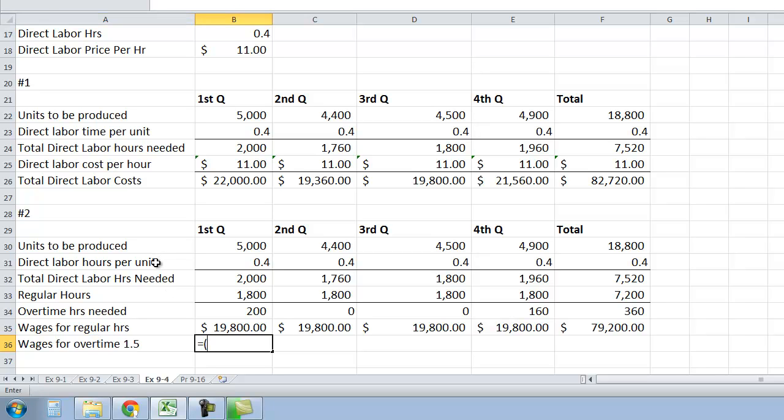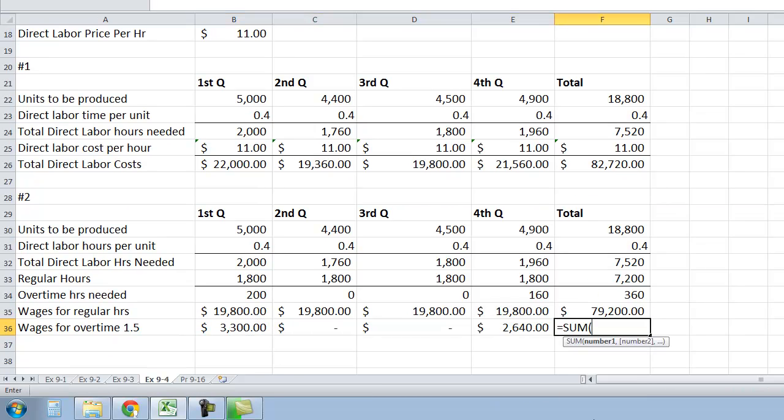So we take this and we take our $11 and we multiply by 1.5, and then we multiply this by the overtime needed. And I forgot to hit F4 on my formula, so I'm going to go back, hit it, and then drag my formula again.